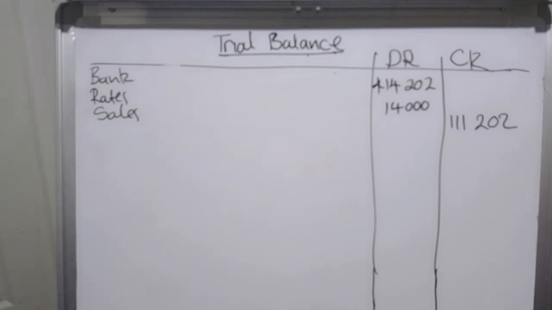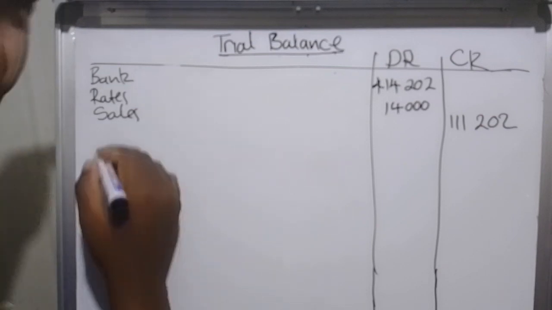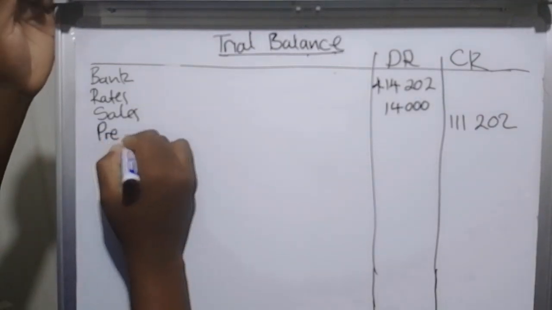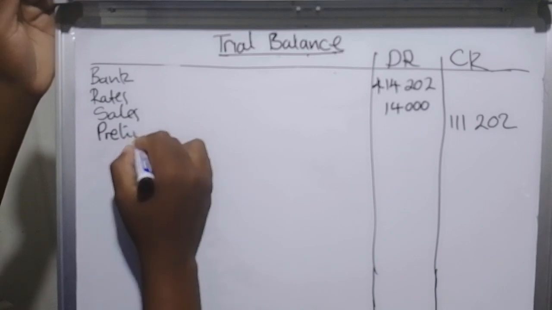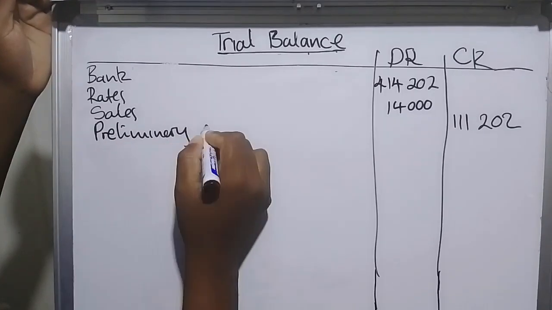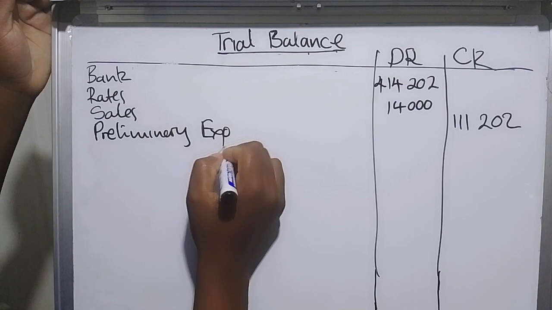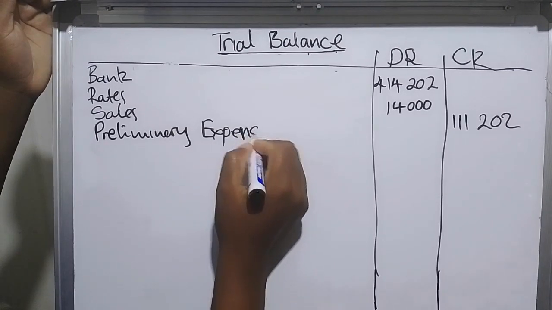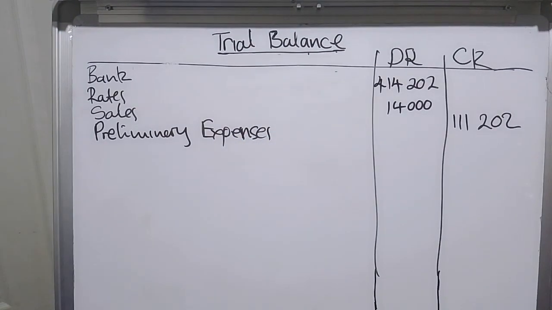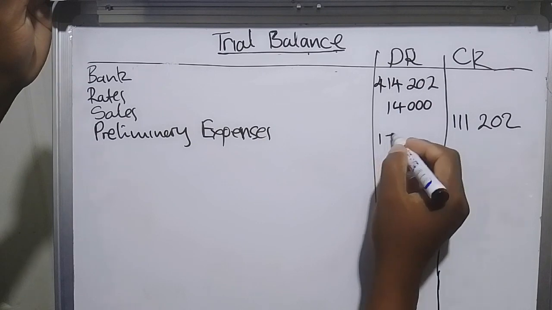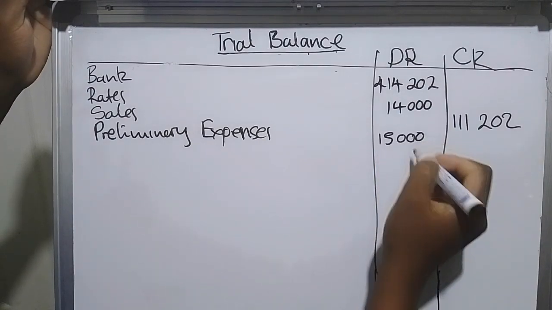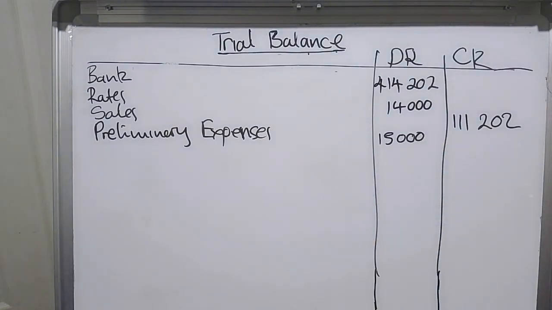Then we also have preliminary expenses. These ones resemble an asset, so we are going to put them on the debit side of our trial balance. Then we also move to furniture.